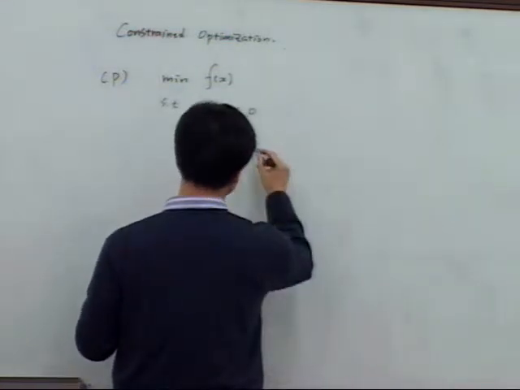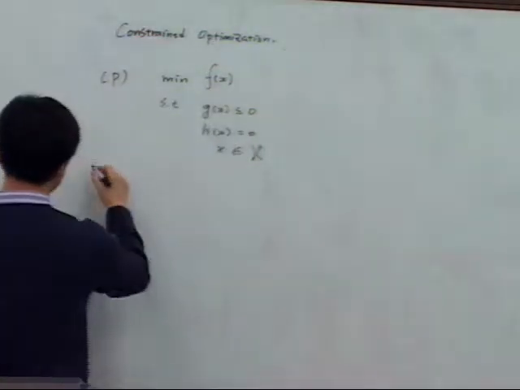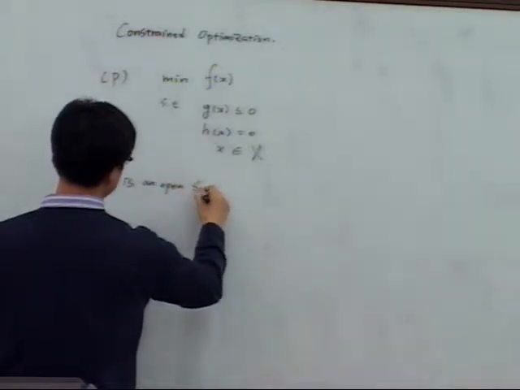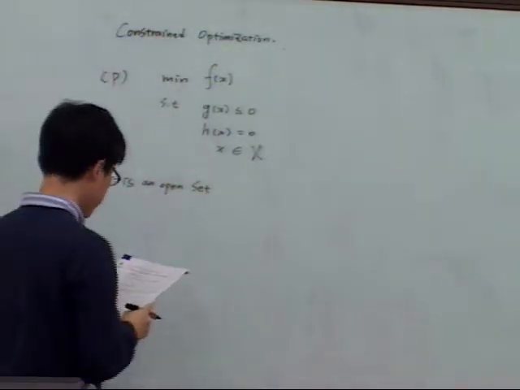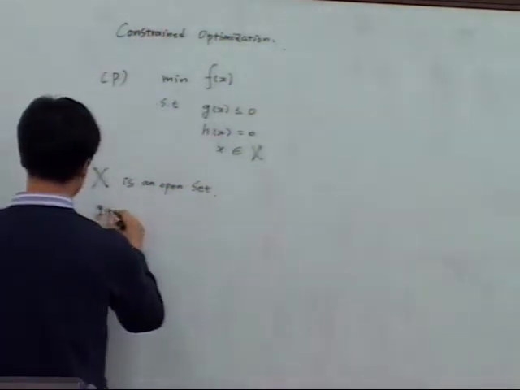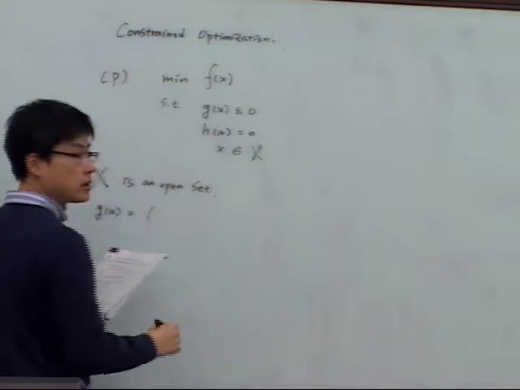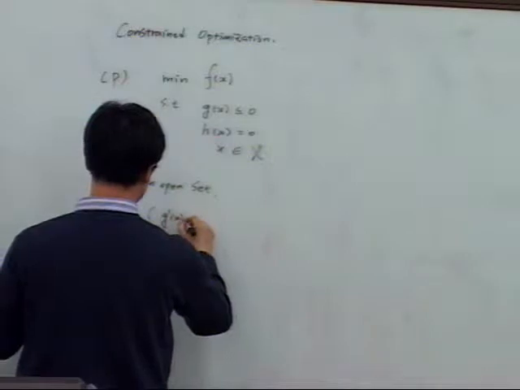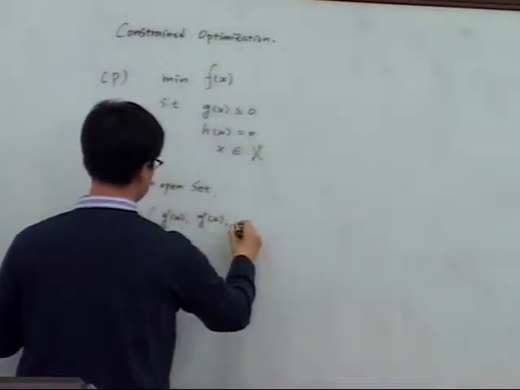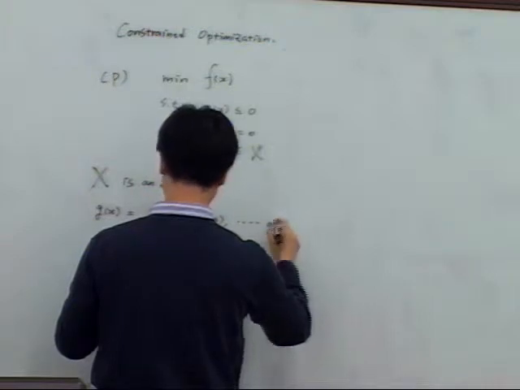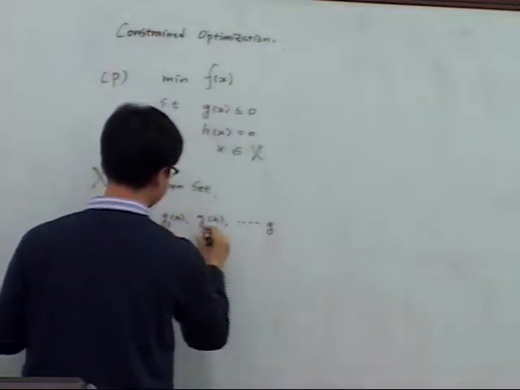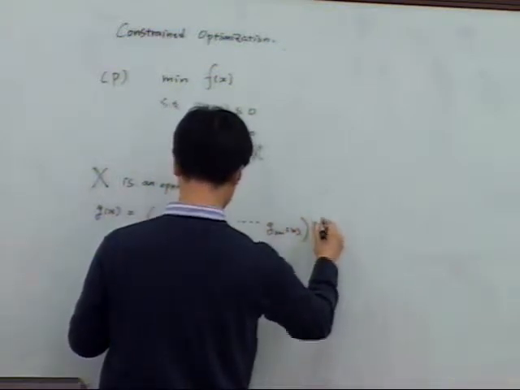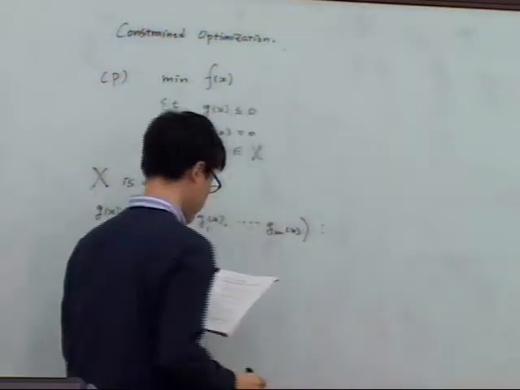Sorry, this is more correct, where x is an open set such as a real number and g(x) is a vector actually. This is more right.